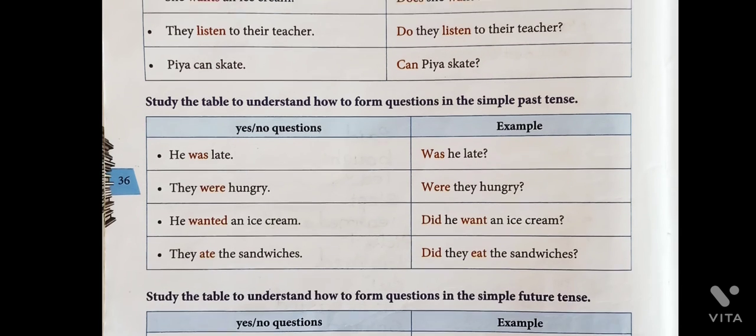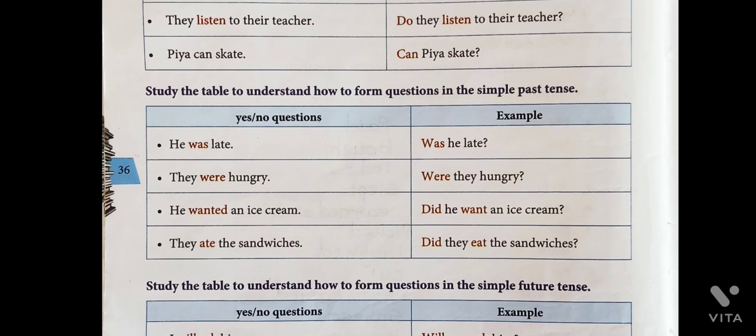Okay, so now let's study the second table to understand how to form questions in the simple past tense. So first table was of simple present tense. Now this one is of simple past tense. And everyone knows that in present tense we use is, are.